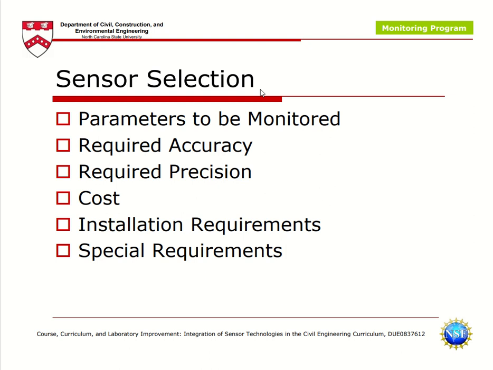So here we have listed some parameters which are important for the selection of the sensor. The first important parameter will be the parameter to be monitored, right? Which parameter you want to monitor. As we have discussed earlier as well, you cannot use a thermometer for the measurement of temperature in a semiconductor device, in the semiconductor switch, right?